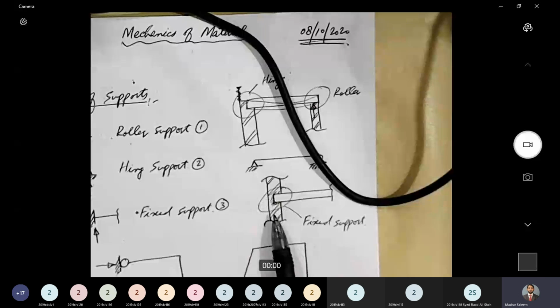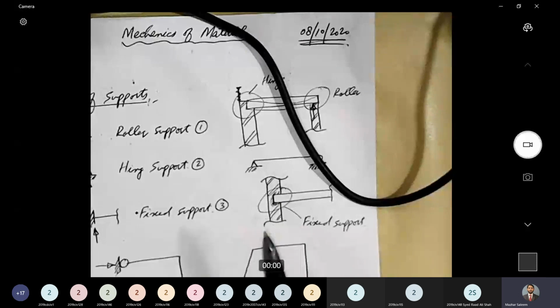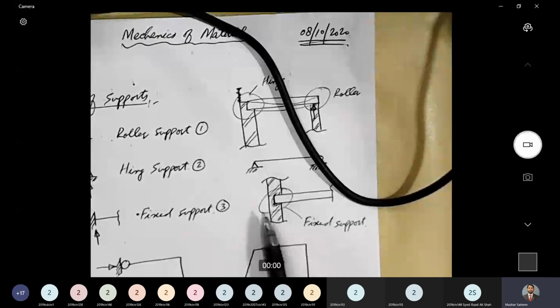In order to provide this type of fixity, we need strong concrete columns that are properly reinforced, or we might have steel columns that have a rigid connection between the beam and the column that can provide this type of fixity.